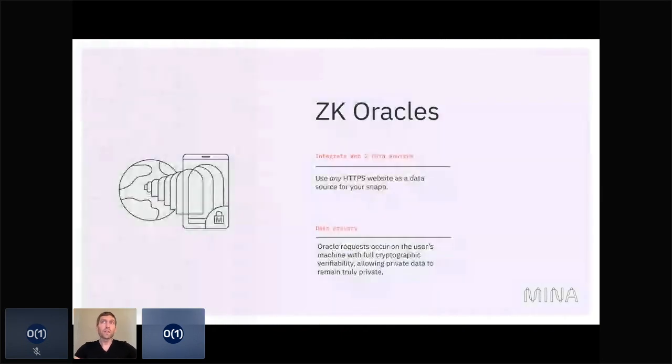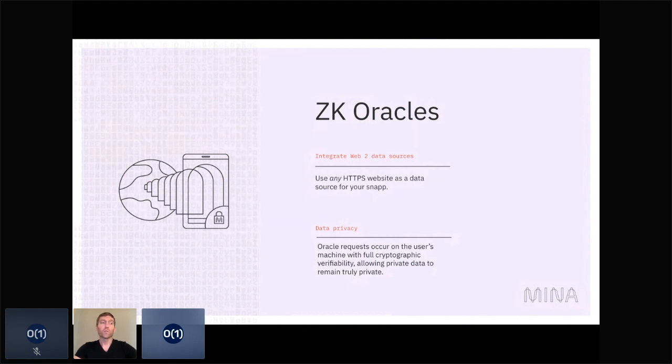Another big project that we have underway is called ZK Oracles. You may have heard us refer to this as WebSnap previously. It now has a new name. And this allows you to consume data from any Web2 HTTPS websites as a data source for your Snap, and to do it in a private, cryptographically verifiable way.